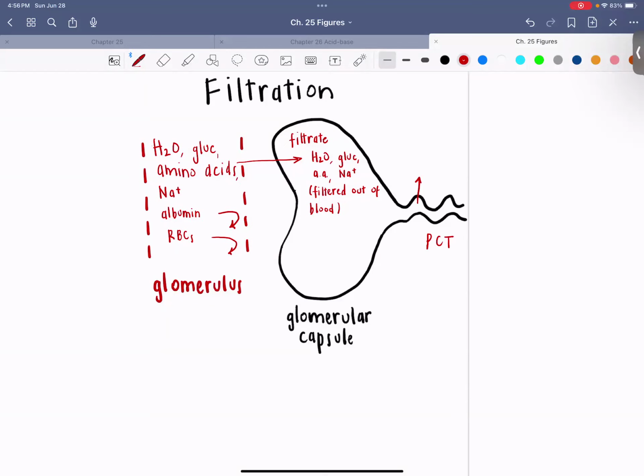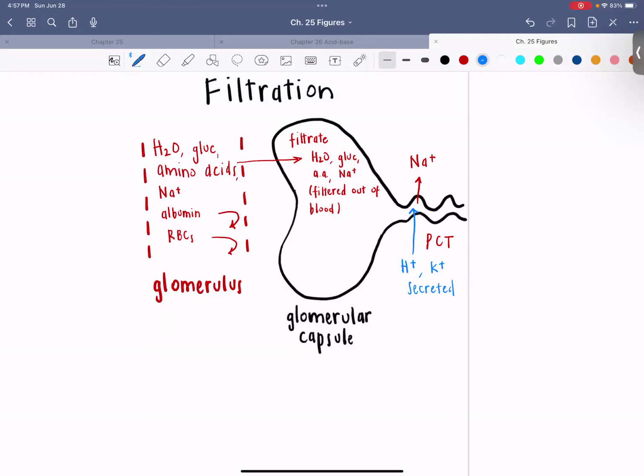where most reabsorption occurs. Various substances like sodium are reabsorbed. You have the secretion of hydrogen ions, potassium into the proximal convoluted tubule.